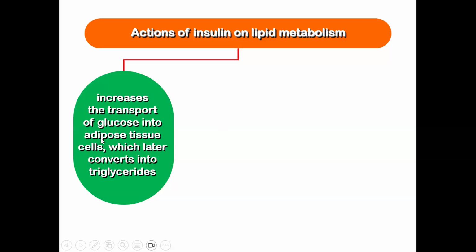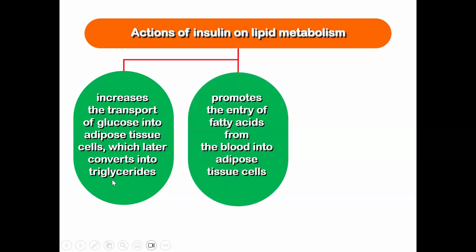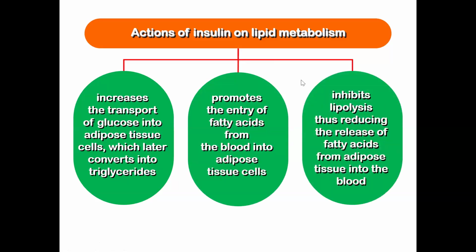So glucose will enter inside the fat tissues, and inside the fat tissues, this glucose will combine with the fatty acids, and it will get converted into triglyceride, which is a fat. So insulin promotes the entry of fatty acids from the blood into the adipose tissues. And insulin inhibits lipolysis, or the lipid breakdown.